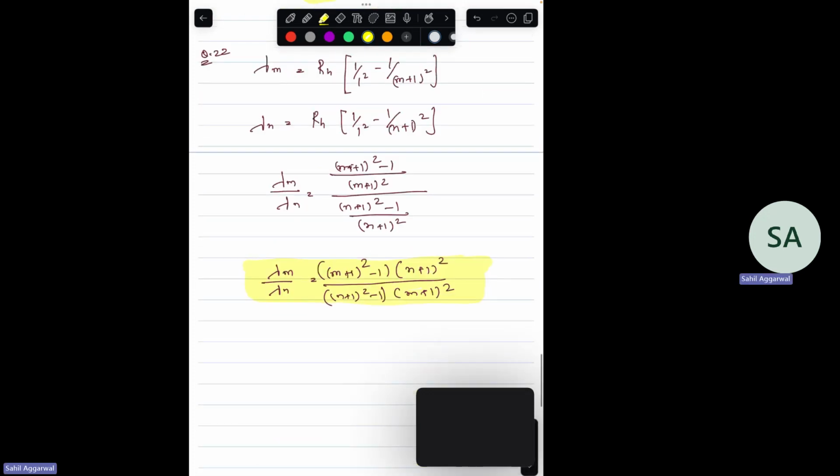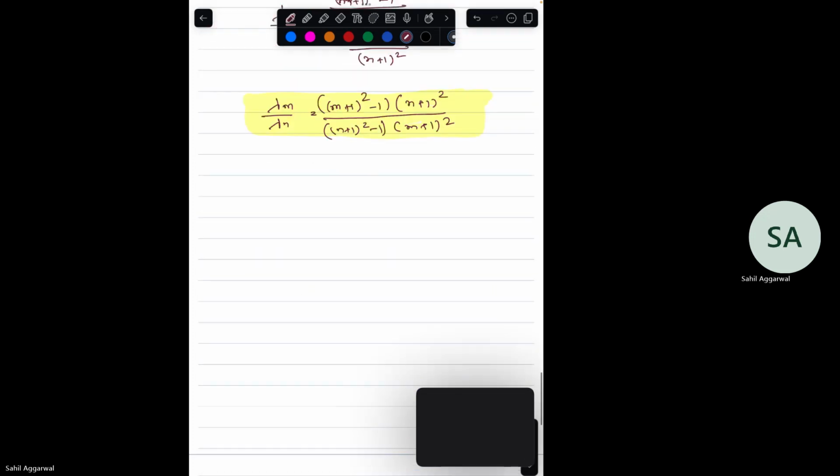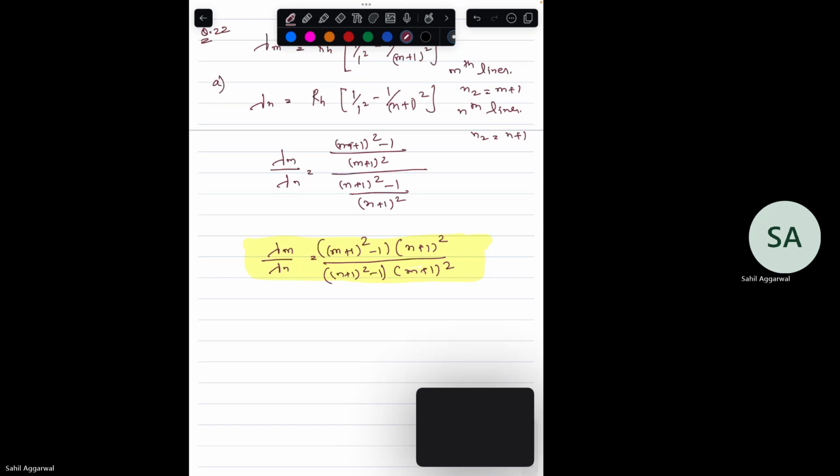Okay, इसमें ध्यान रखना है कि mth line means n2 is m plus 1 and nth line means n2 is n+1. That's it. इतना याद रखना है. ये इसका ए ऑप्शन था विच इज करेक्ट.